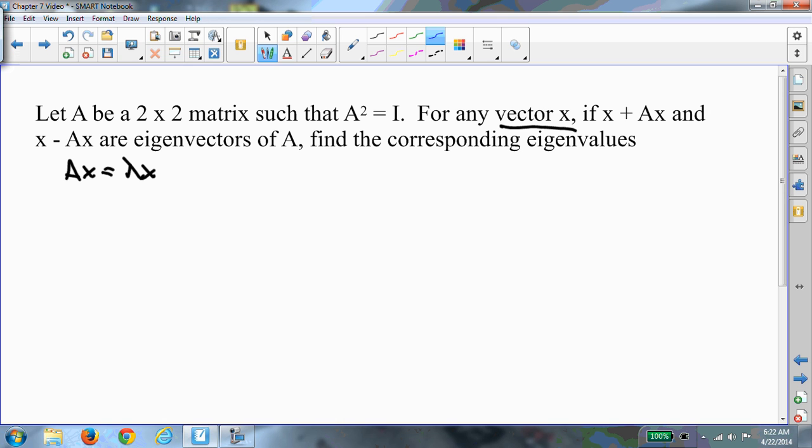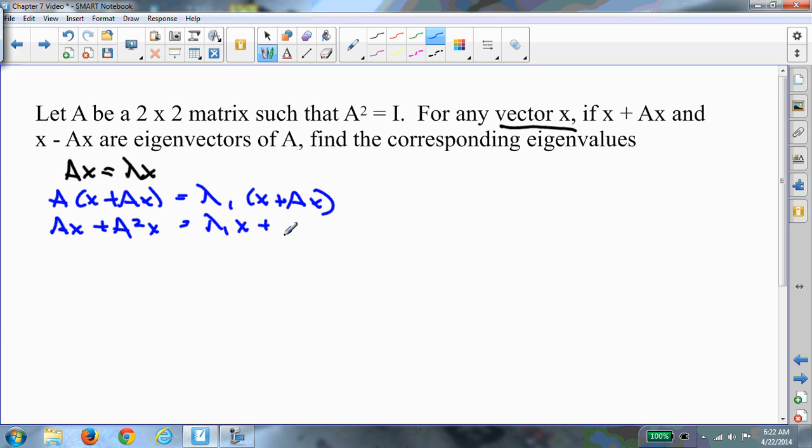So if x plus Ax is an eigenvector of A, that means A times (x plus Ax) has to equal some eigenvalue, so let's call it lambda 1, times (x plus Ax). Now if I expand this out, I'm going to get Ax plus A squared x equals lambda 1 x plus lambda 1 Ax. But I have a couple of properties. For example, Ax equals lambda x, so I'm going to go ahead and put that in. A squared equals I, so that's x.